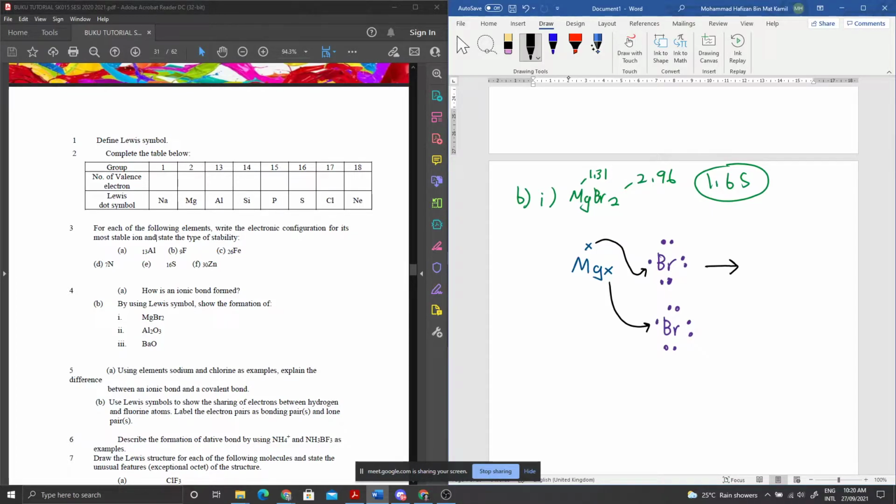Since it is ionic, it will form ions before they can combine. To denote an ion, we write Mg with a plus, and also for bromine, we have 2 bromine, and we also have to draw the valence electrons.